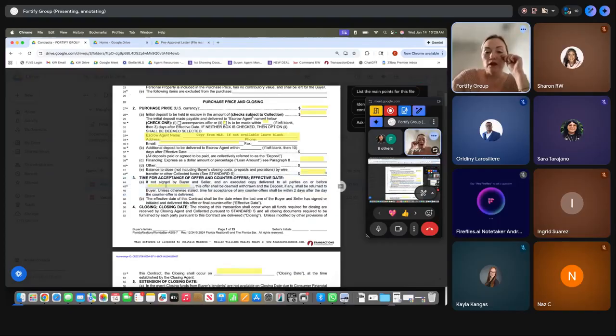A normal acceptance response time during the week, if you send it over early in the morning on a Tuesday, you could say 24 hours, you can expect a response next day.